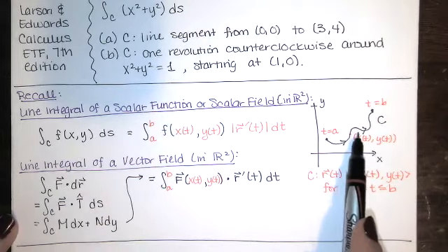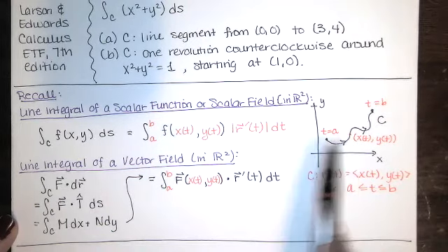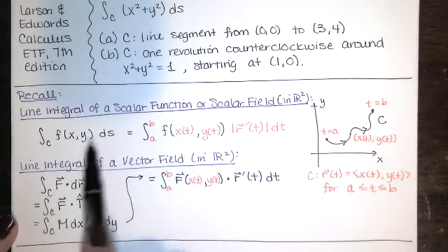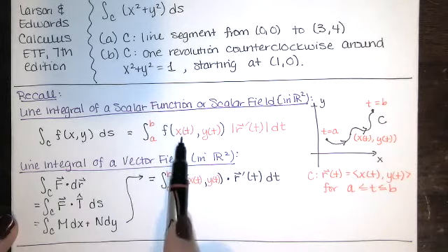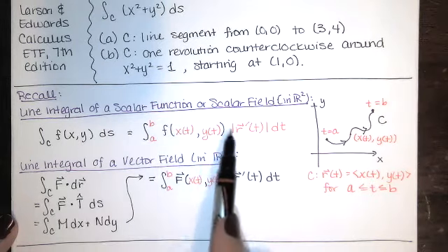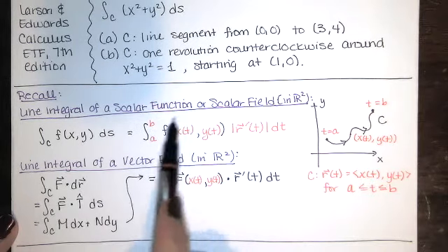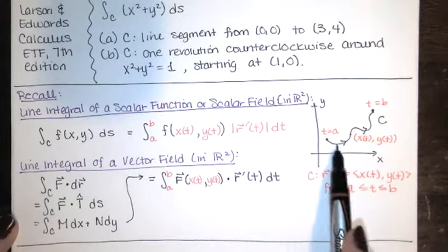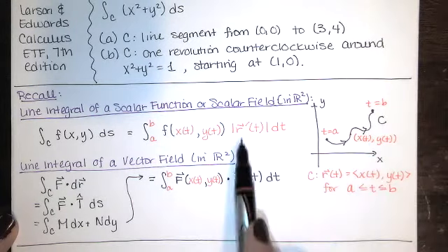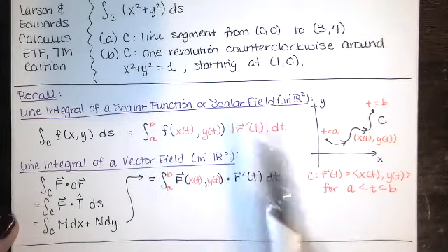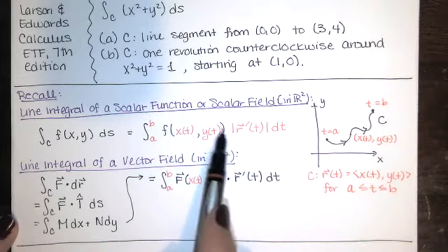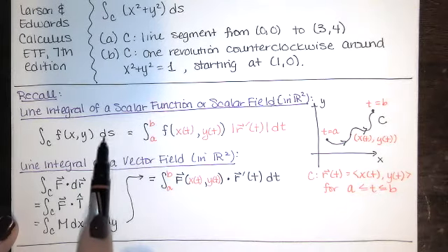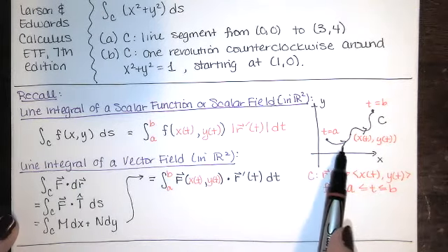When I'm on this path, x is given by x of t. So this function f can be written in terms of t by replacing x with x of t and replacing y with y of t. So now my function f is written entirely in terms of t, and that's good. We can do that because when we're on this path, that's going to give us the right value of that function. So this is this in terms of t, and then ds is a tiny distance along that path.